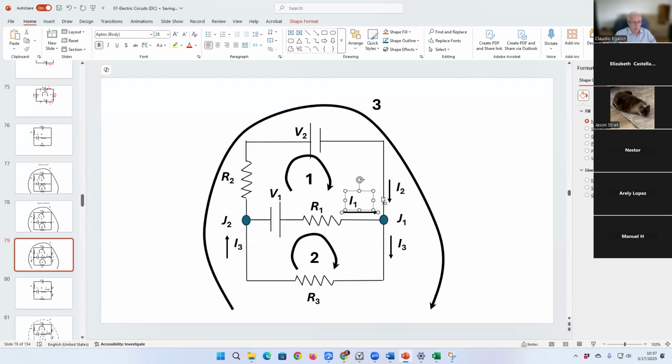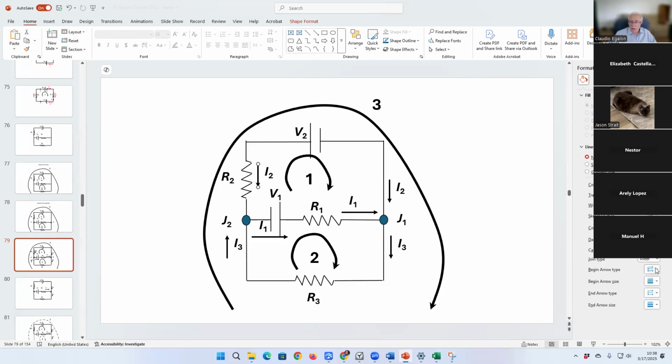I don't have to change the direction because it didn't change. I1 flows to R2. And I2 can also be displayed right in here, but with a contrary direction, positive direction. Because this flow here must be coincident with this flow here.